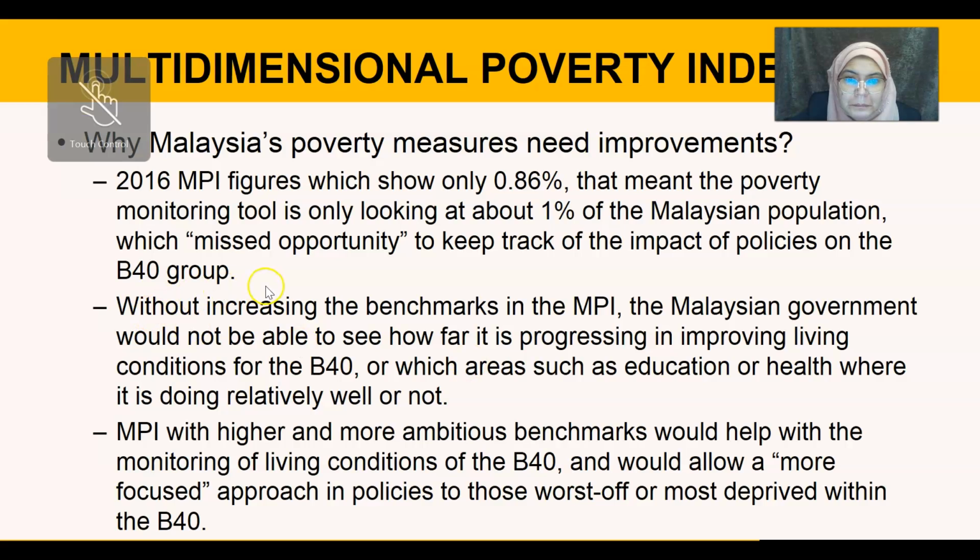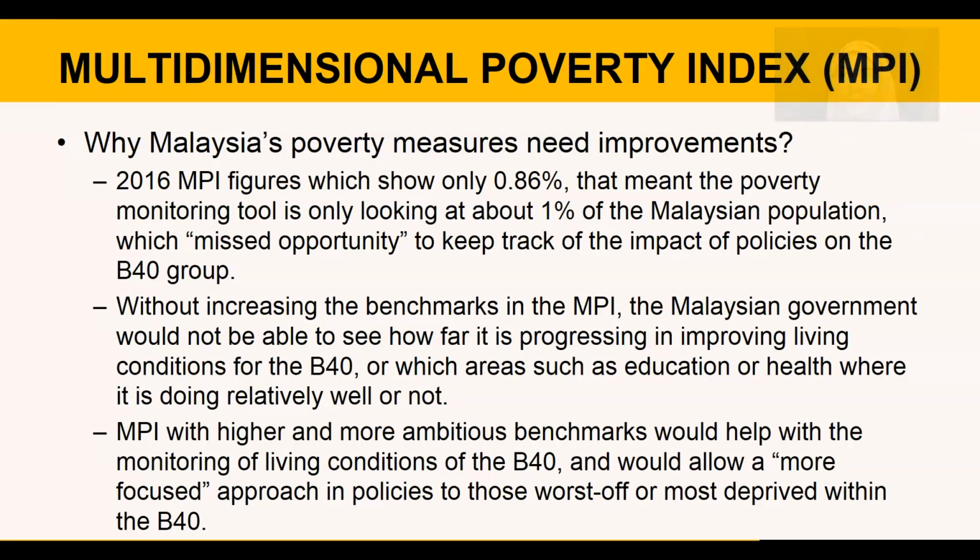So actually, why do Malaysian poverty measures need improvement? As we watched together in the documentary just now, the 2016 MPI figure shows only 0.8%. That means the poverty monitoring tool is only looking at about 1% of the Malaysian population, which misses the opportunity to keep track of the impact of policies on the B40 groups.